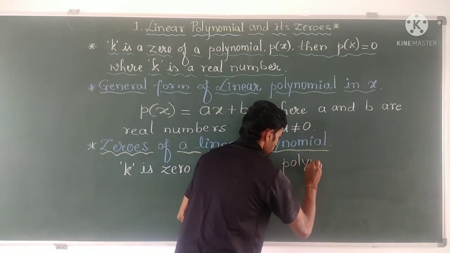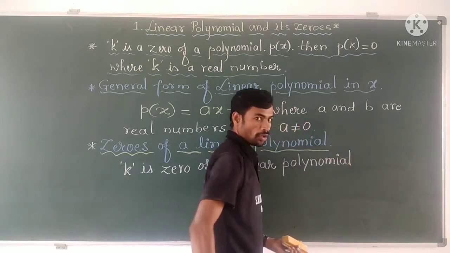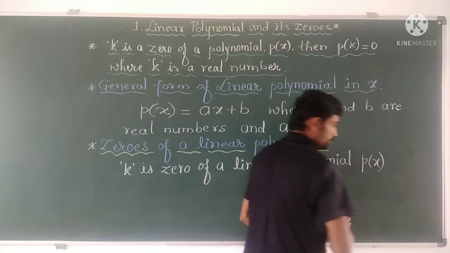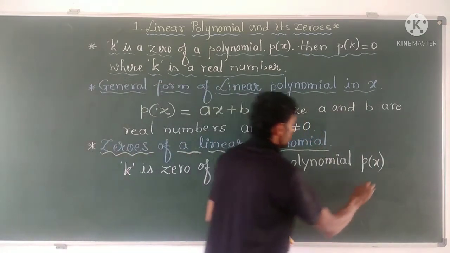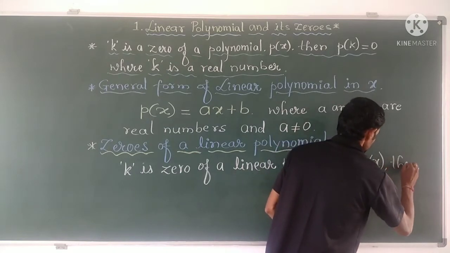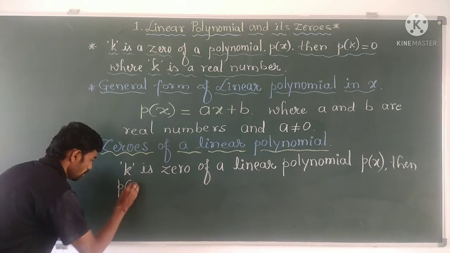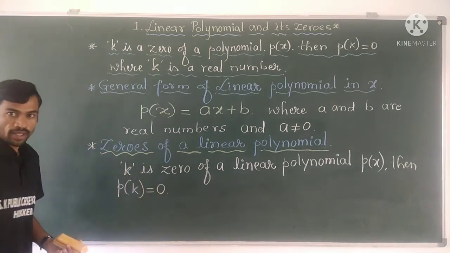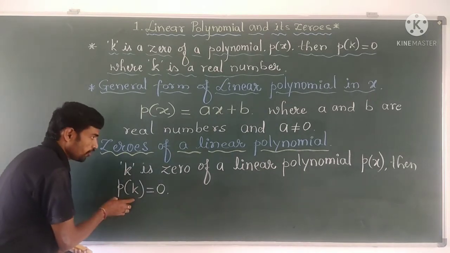Linear polynomial p of x. Then p of k must be equal to 0. What is p of k?